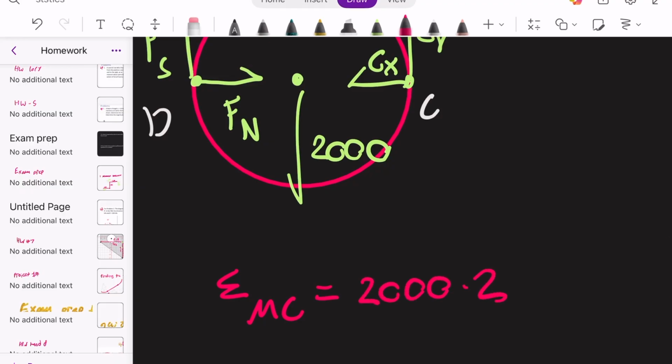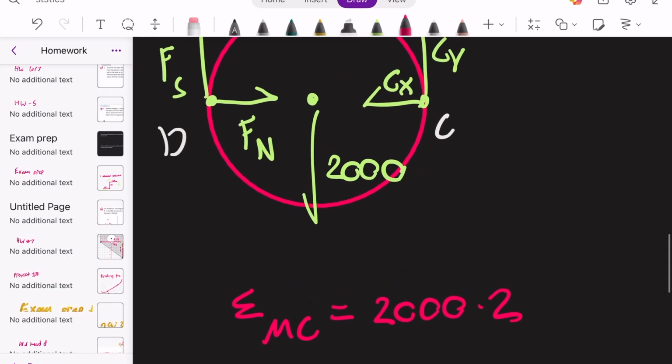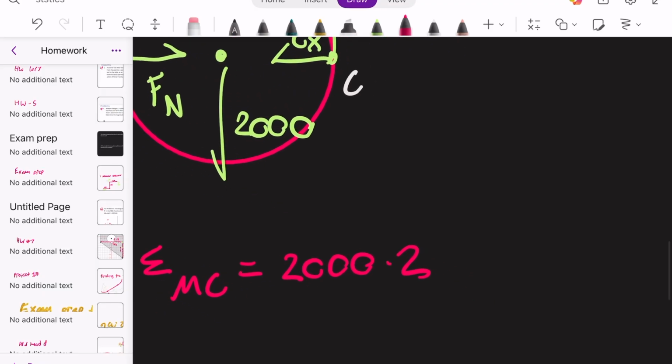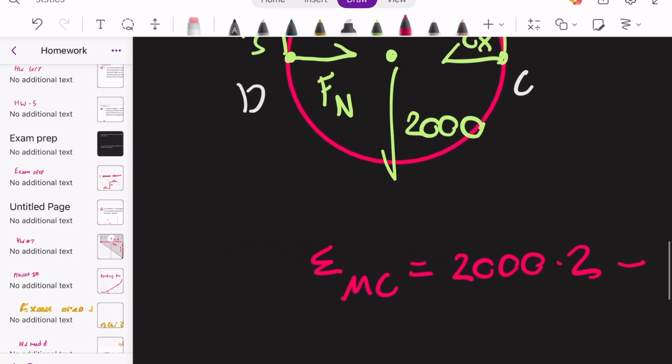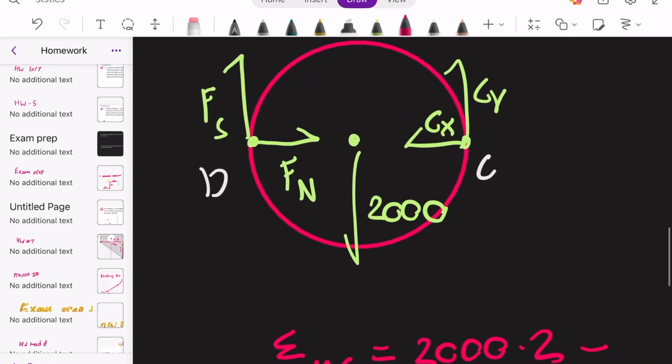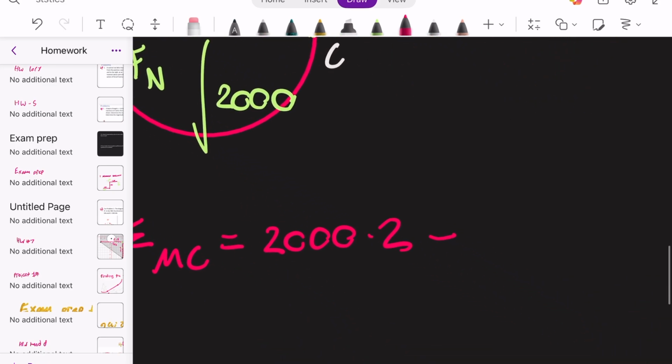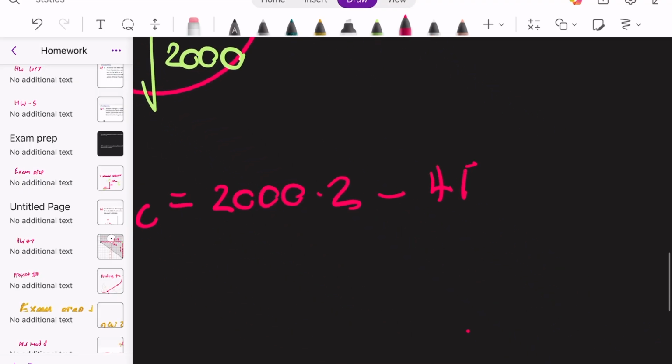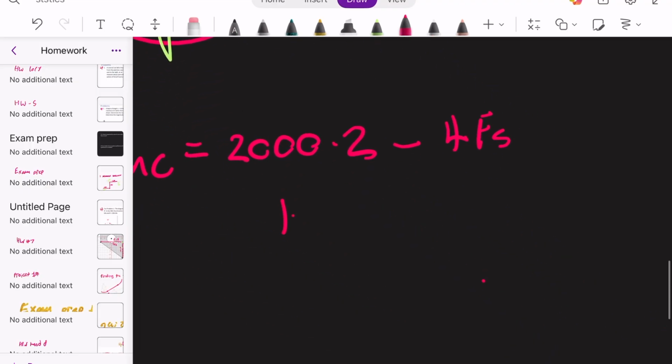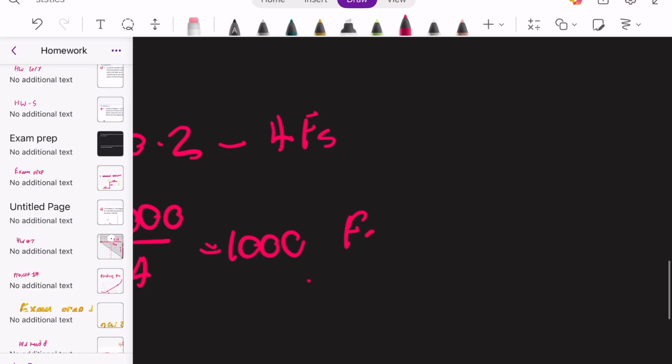That's moving counterclockwise, so we'll call it positive, and that's just from the weight. And then we are going to subtract the clockwise force, which is the force of static friction, which is going to be 4 for the whole diameter, and then just times Fs. So that's going to be 4,000 over 4, which equals 1,000. So we can say that the force of static friction equals 1,000.